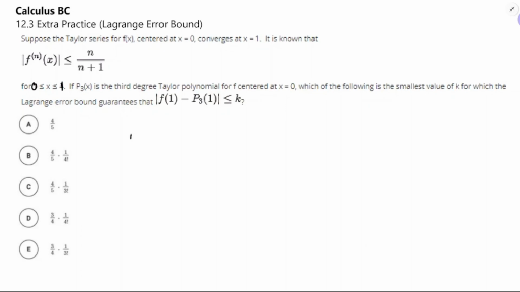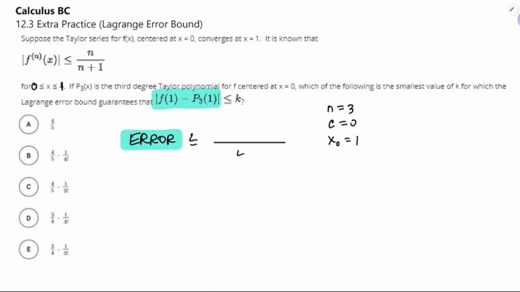Okay, so error, which is exactly what this is. Error is less than or equal to... Well, what have I got? I've used a third degree polynomial centered at x equals 0 to approximate f of 1.